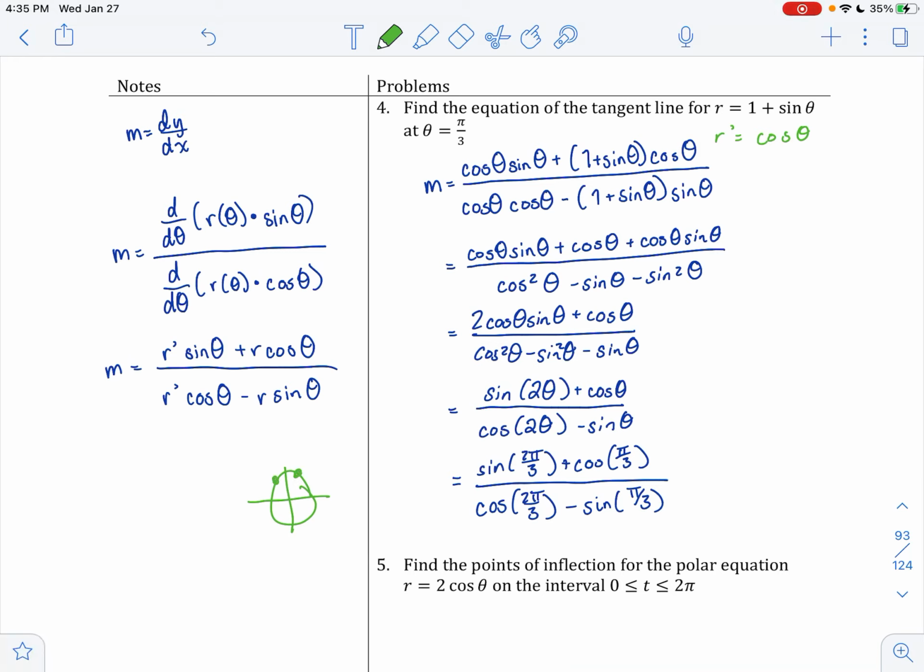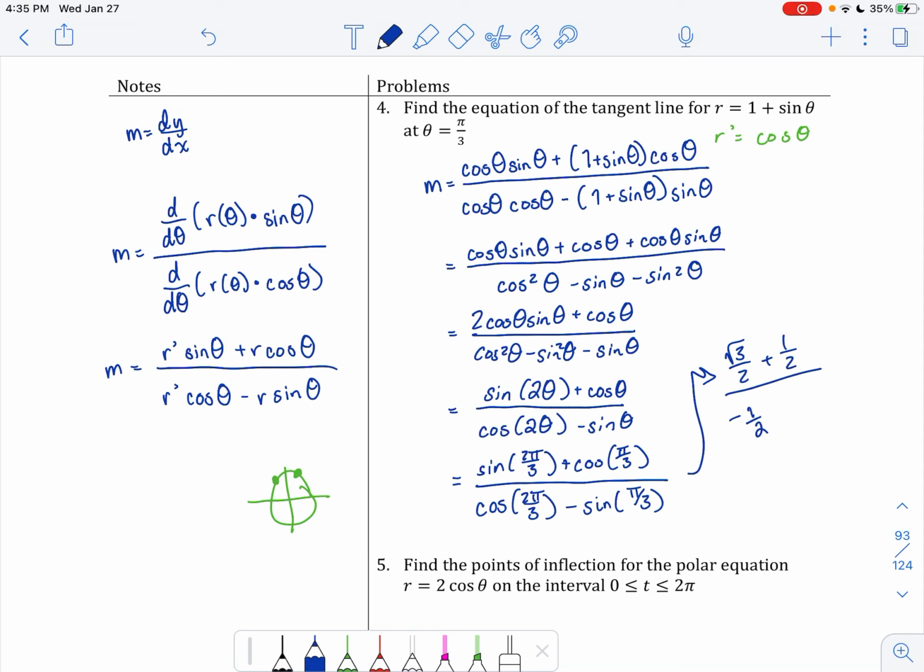Pi over 3 is right there. And that gives us sine values of root 3 over 2 plus 1/2 over negative 1/2 minus root 3 over 2.